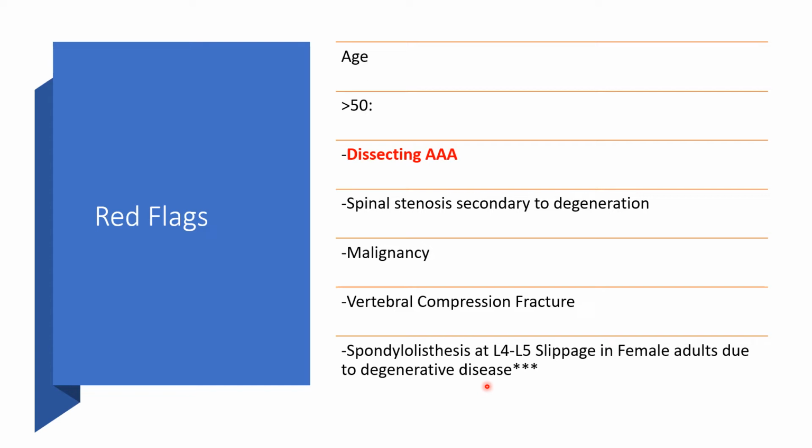So someone older than 50, why is that a red flag for us? It is a red flag if it's a woman, particularly postmenopausal women with decreased estrogen. And why that? That will lead to vertebral disc degradation. And that will lead to ligaments becoming loosened with spinal instability.